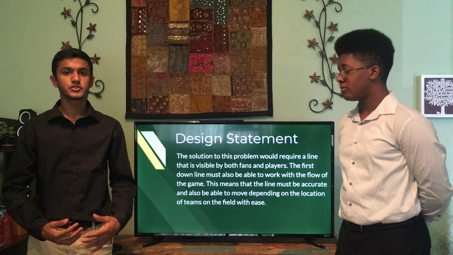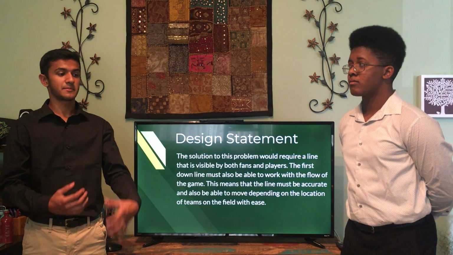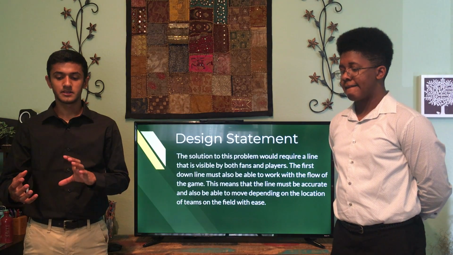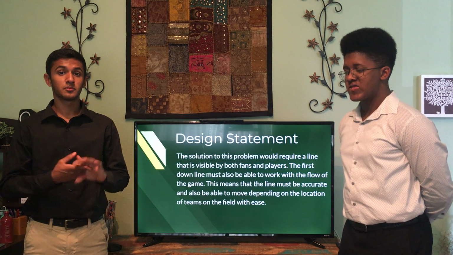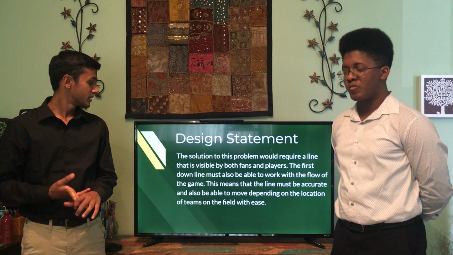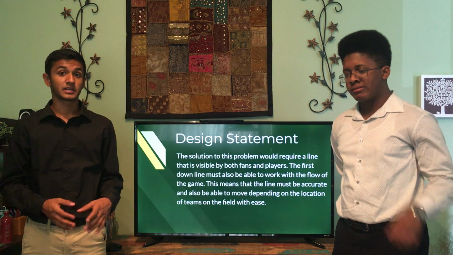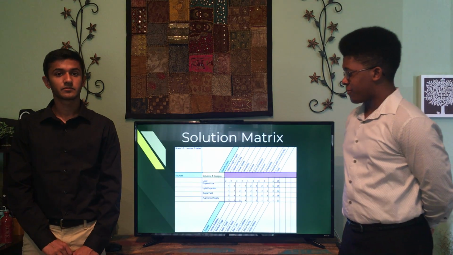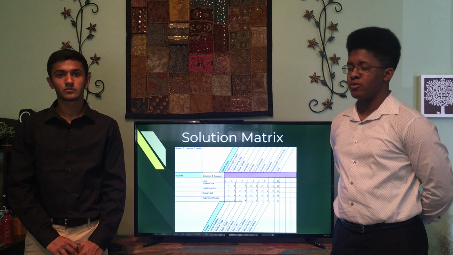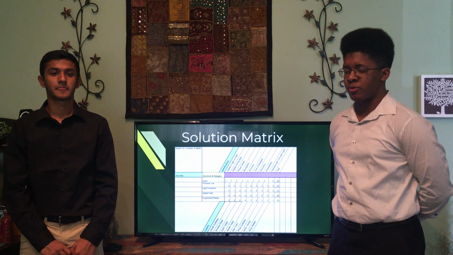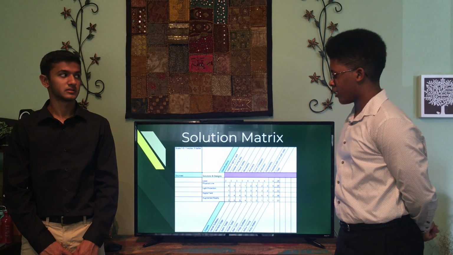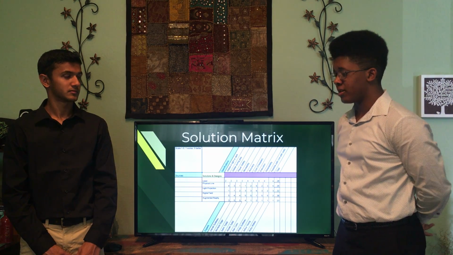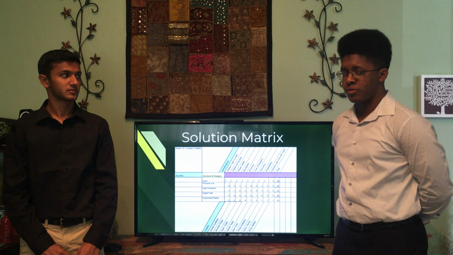So our solution needs to be adaptable with the game, and the main thing is that the first down line is visible for players, fans, and coaches, and it also needs to be accurate. We came up with five different possible solutions to solve this problem, with criteria to basically solve the visibility of it.